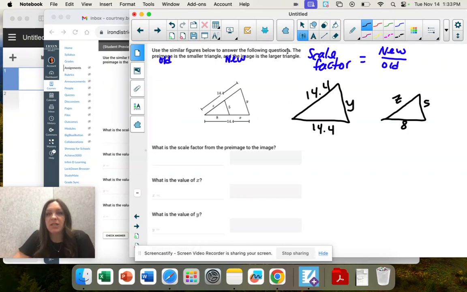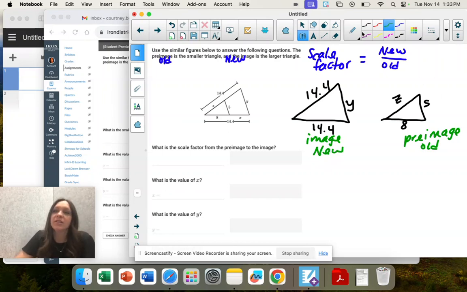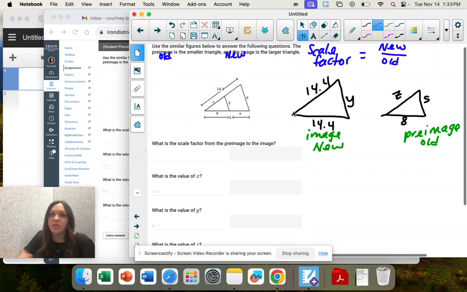Let's just start with z and y and get our scale factor. Okay, so the pre-image is the smaller triangle. That's our original. It's our old. And then the image is the large triangle. That's our new. So scale factor, let's line up our sides. New over old. So 14.4 over z.